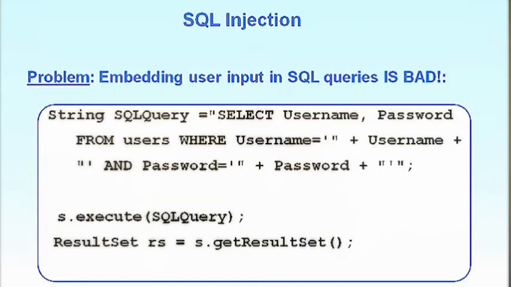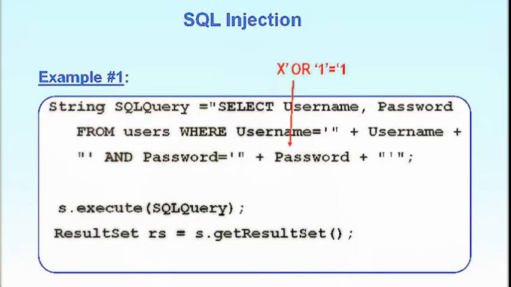Here we have a query where we're selecting username and password from a table called users, where username is some kind of input and password is some kind of input. What kind of malicious input can an attacker use here to hijack how this query is supposed to work?